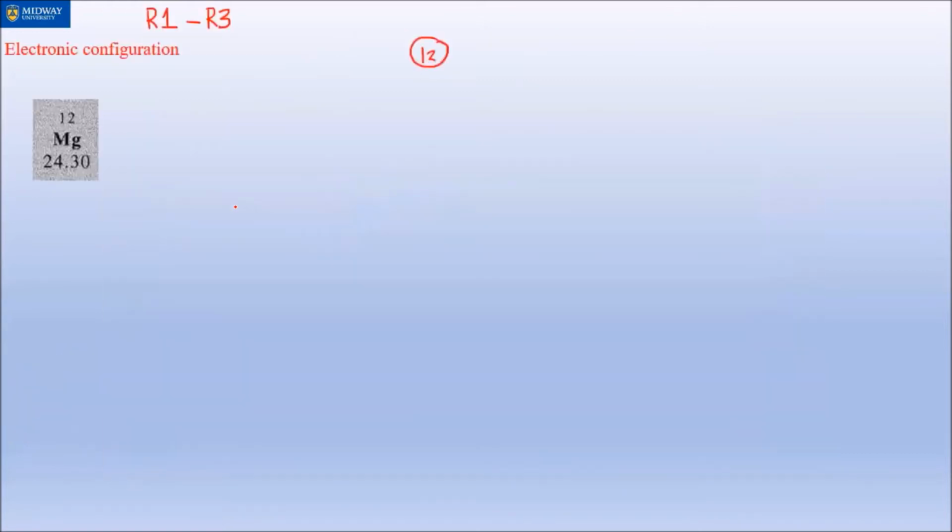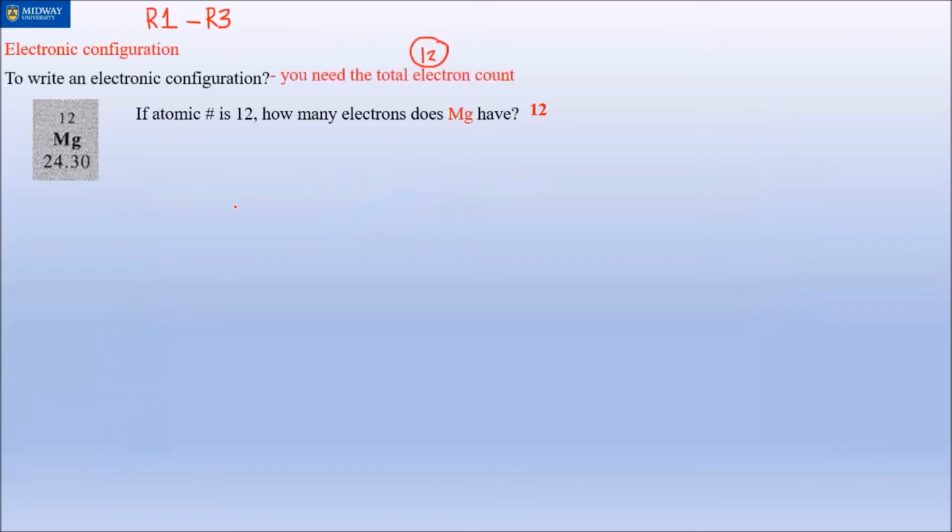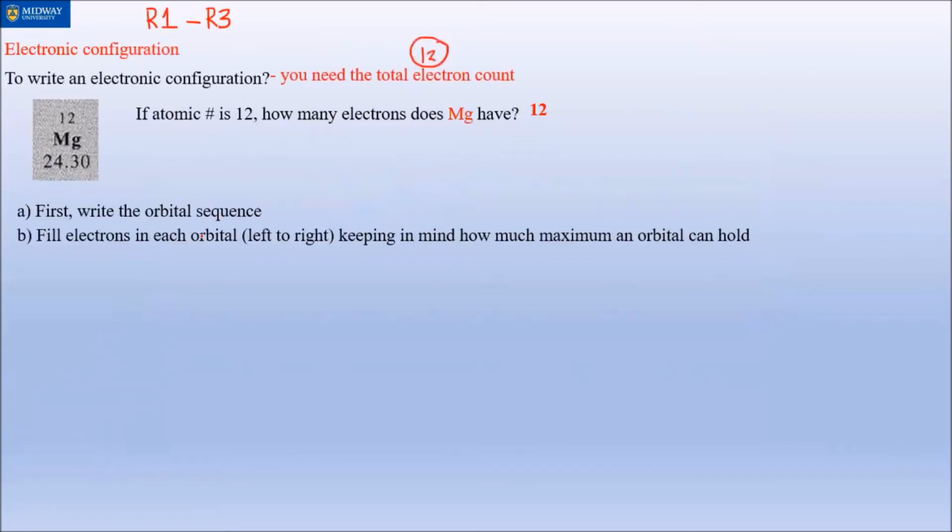which is where my magnesium is. Let me walk you back through the rule again. First, write the orbital sequence. Fill electrons in each orbital left to right. Keep in mind the maximum an orbital can hold. S can hold a maximum of 2, P a maximum of 6, D a maximum of 10, and F a maximum of 14.